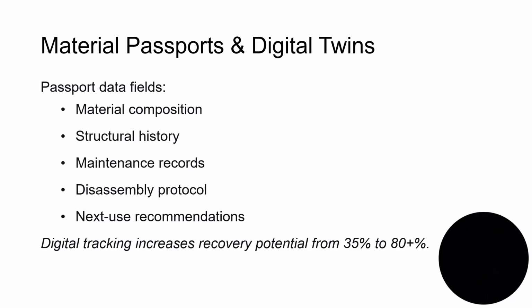Studies have reported increased potential recovery rates from 35% to over 80%. The component does not lose its identity when the building changes function, but it accumulates value through documented reuse.